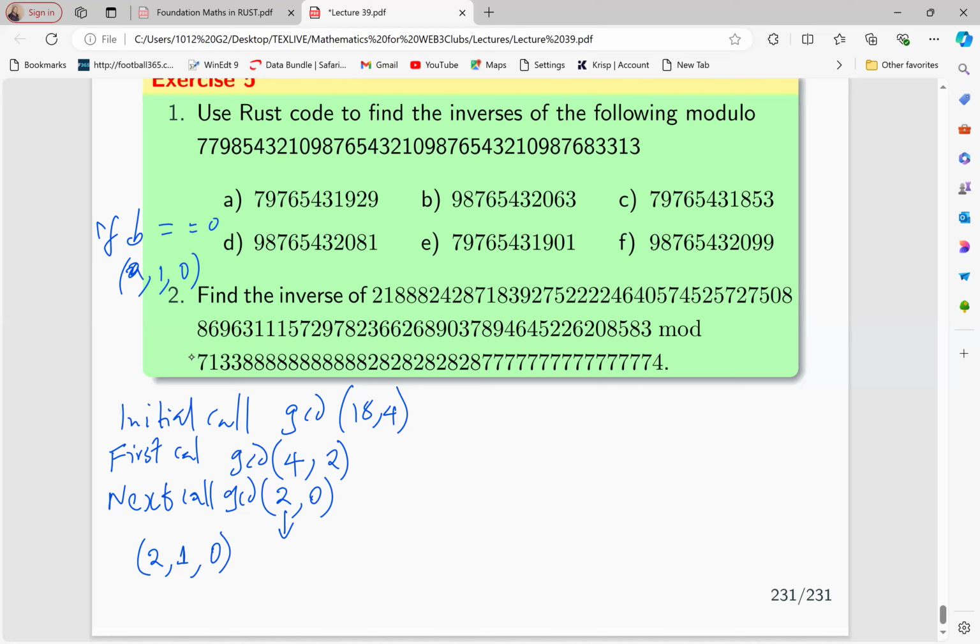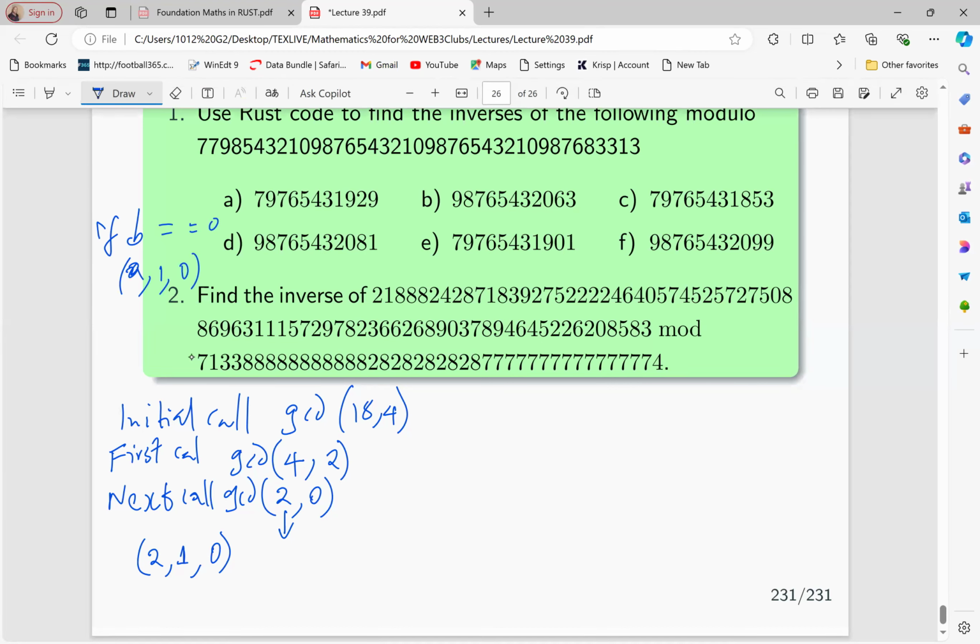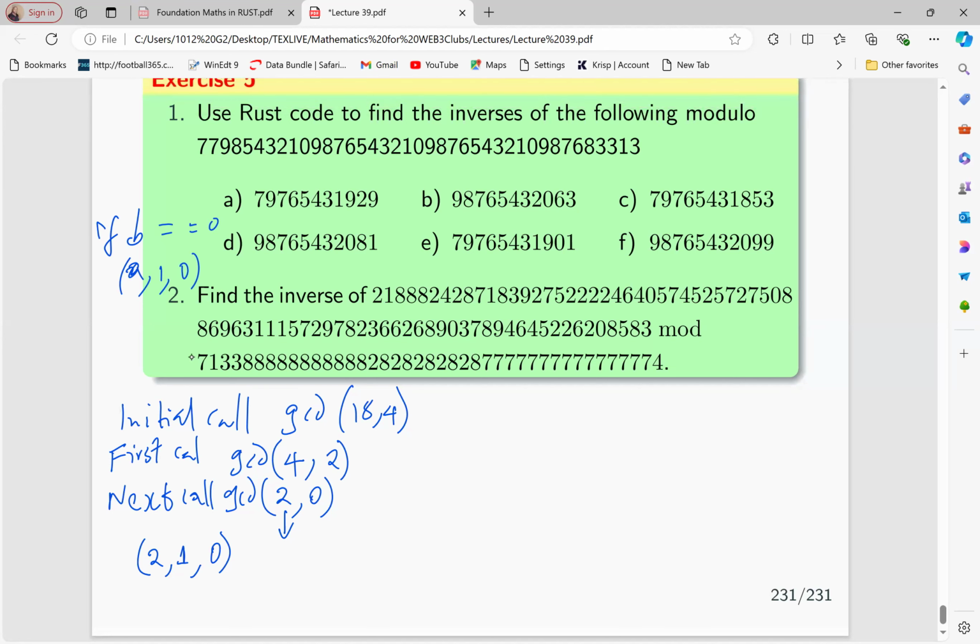You see in this case, our a is 2. We are looking for the GCD of 2 and 0. So a is 2, b is 0. So the coefficient of a is 1, and the coefficient of b is 0.